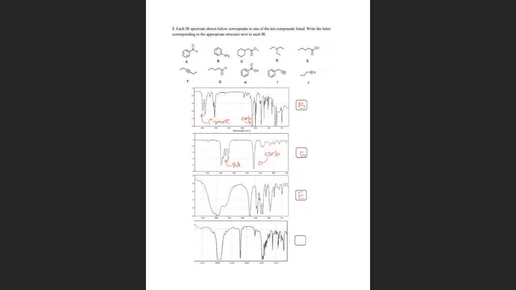No worries, no worries. And that's okay. You should have an IR chart when you do your exam. Okay, do we have an idea of what molecule this one might be?